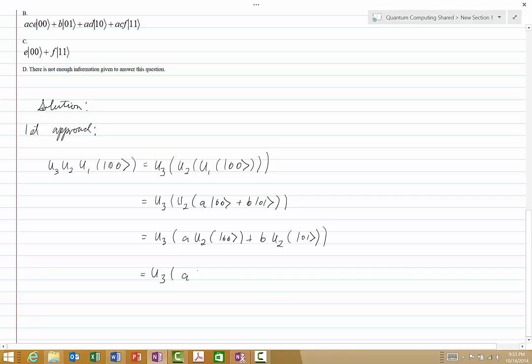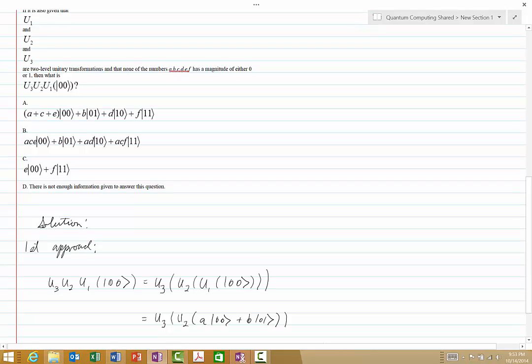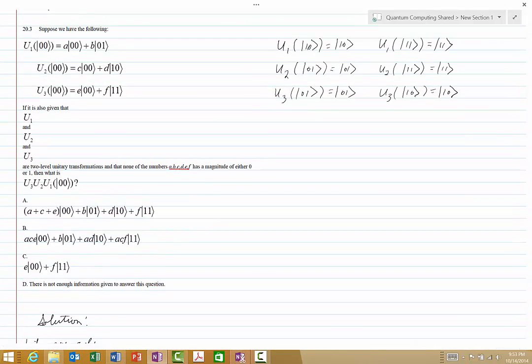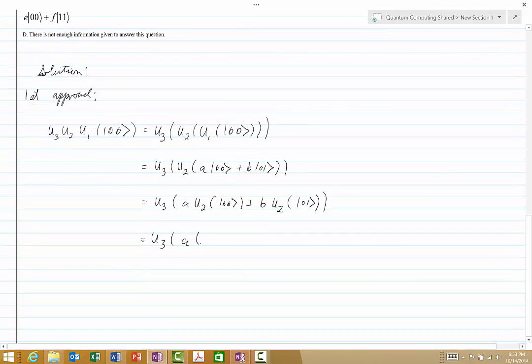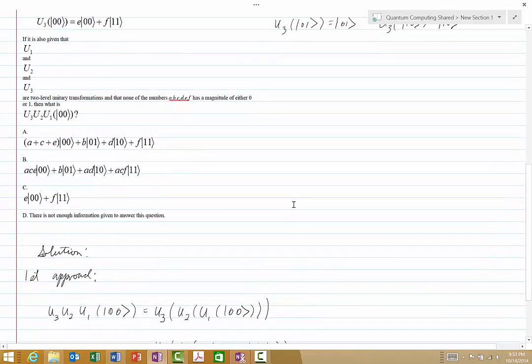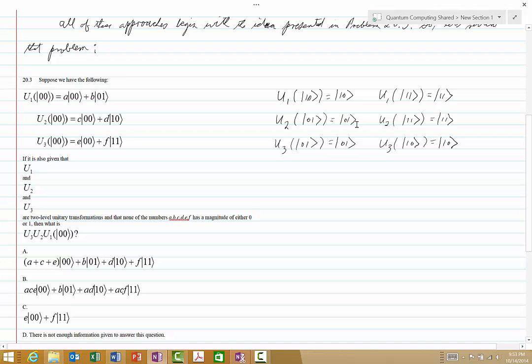Now, U2 of 0, 0 is given above, and it is equal to C0, 0 plus D1, 0. So for U2 of 0, 0, we put C0, 0 plus D1, 0. Now, what about this other term, B times U2 of 0, 1? If we look up, U2 of 0, 1 is just 0, 1.